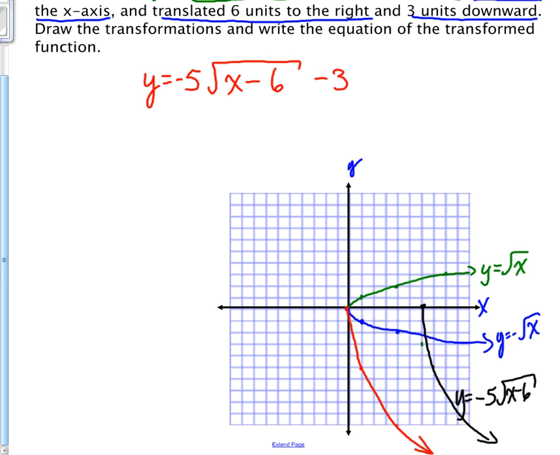So I'm going to start here. Over 1, down 5. Get myself anchored. It should look the very same shape. Just down. There is our final answer. Y equals negative 5 square root x minus 6, take away 3.